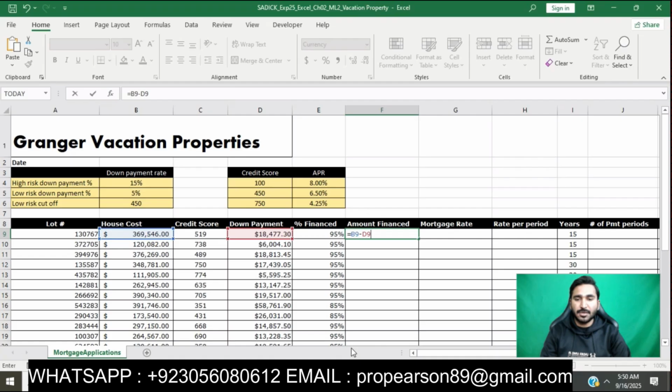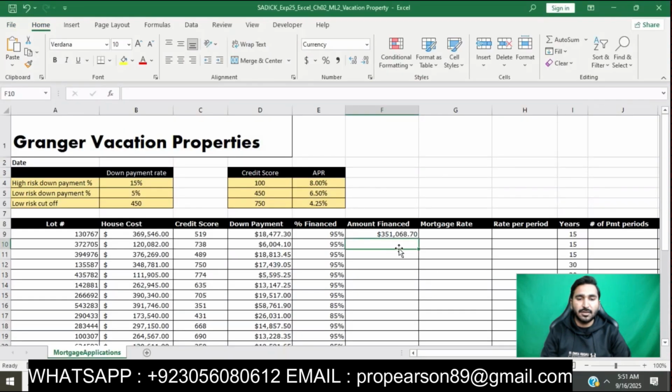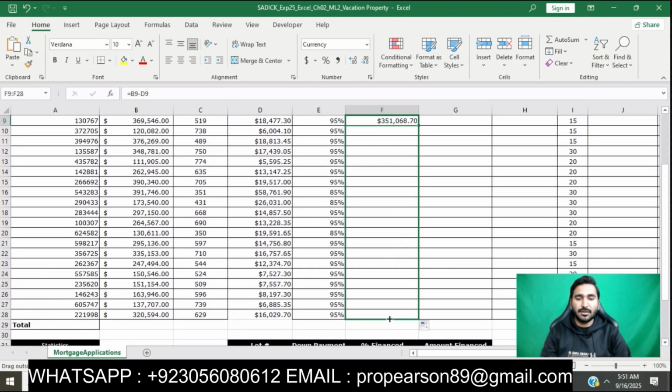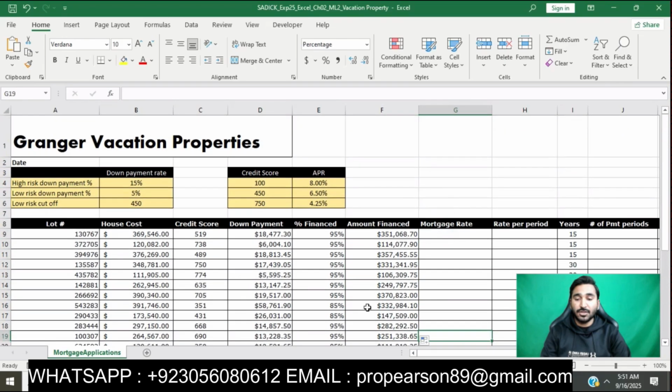D9 is the down payment and B9 is the purchase price. We will press enter. It will find the amount financed in cell F9. Now use the fill handle to copy the formula down, stopping in cell F28. Fill without formatting. This question is done now.